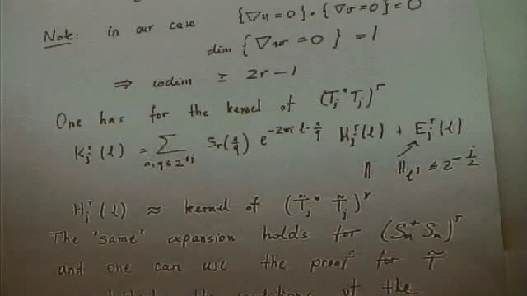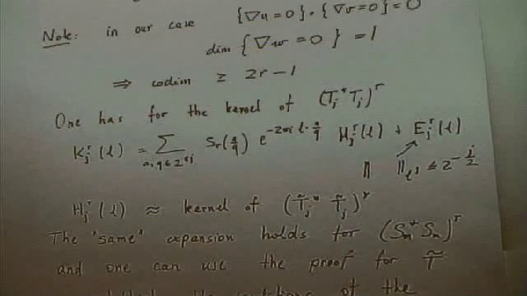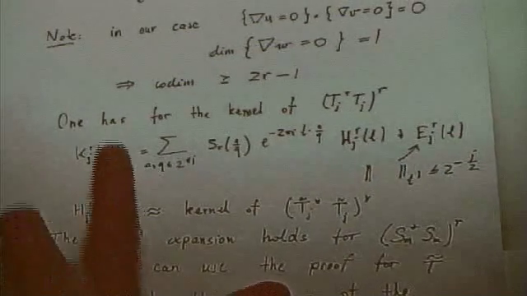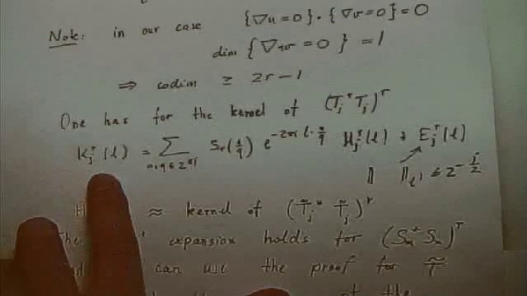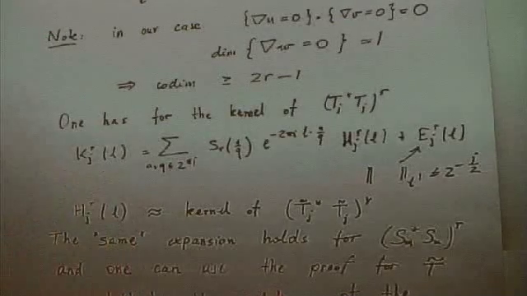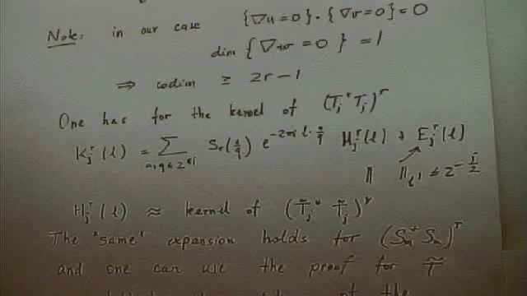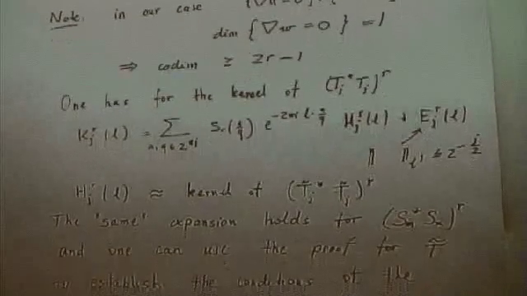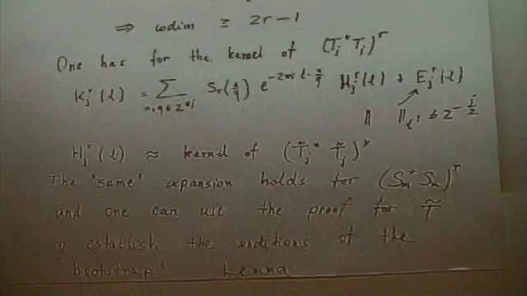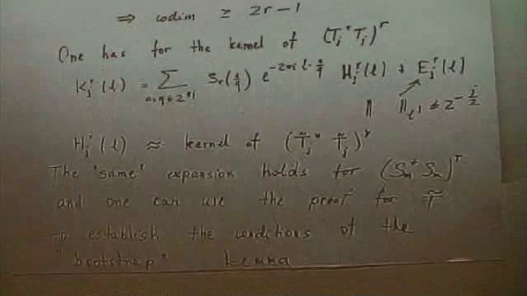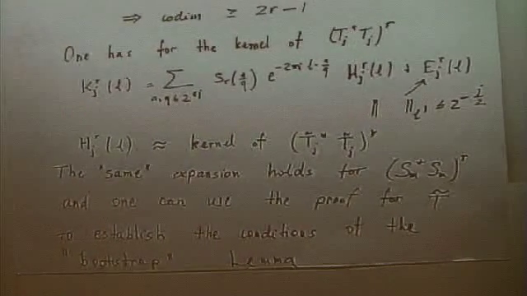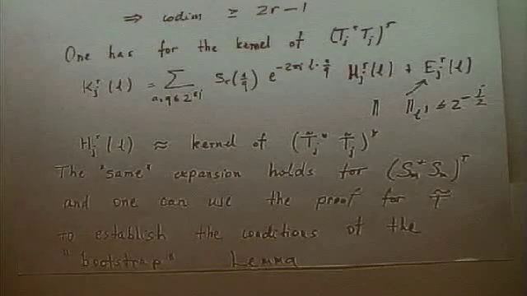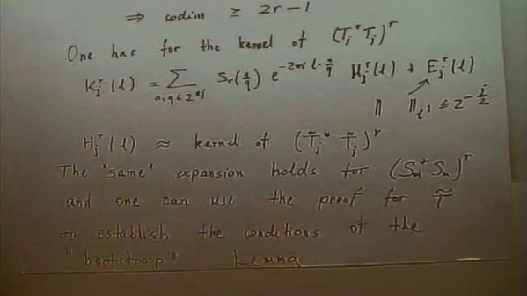What kind of representation do you get for the kernel in the discrete case of Tj star Tj to the r? First of all, it will be a sum. It will be a sum over rationals, which reflects the fact that we are on Z, and in that case it's the inverse Fourier transform of the multiplier.